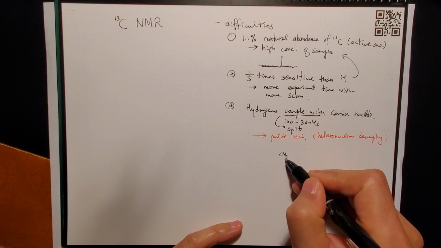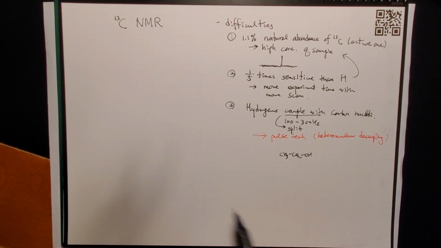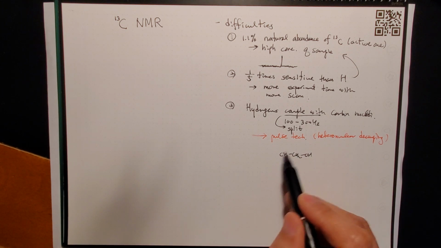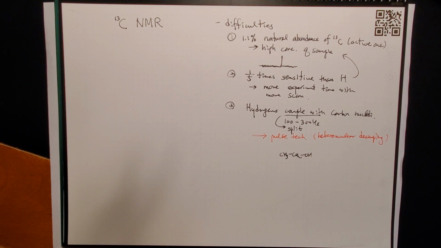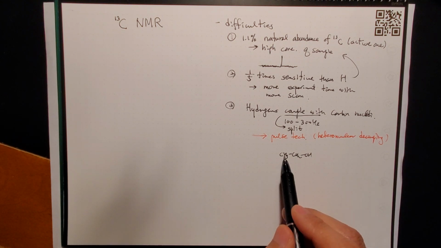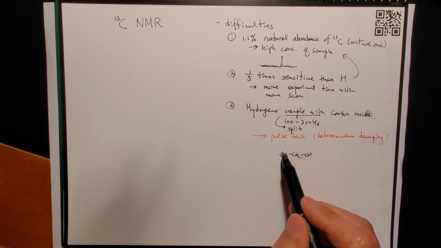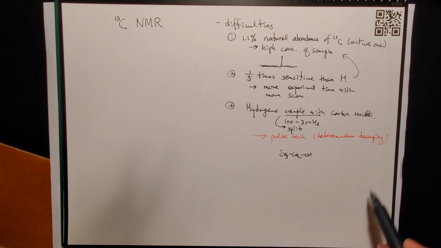If you imagine an ethanol molecule, you have a mole of ethanol there. Among the moles of ethanol molecules, about 1% of the carbon will be active. There are only 2 carbons here, so among about 50 molecules like this, only 1 carbon out of the whole 50 molecules will be an active carbon.